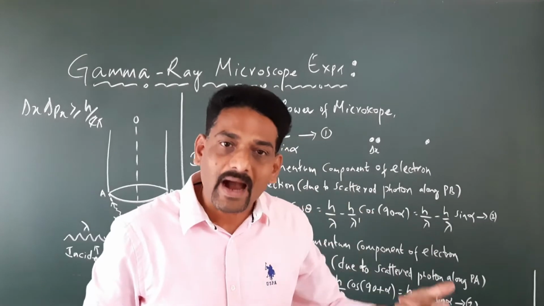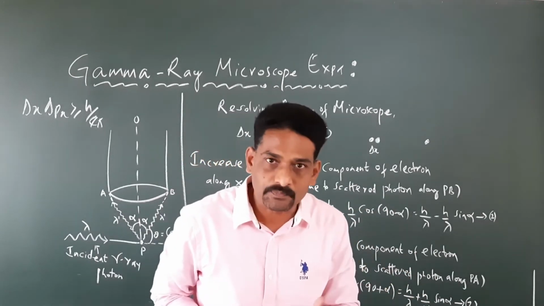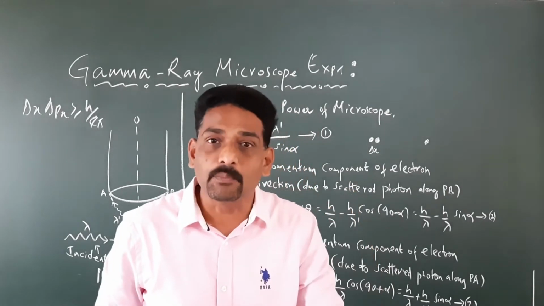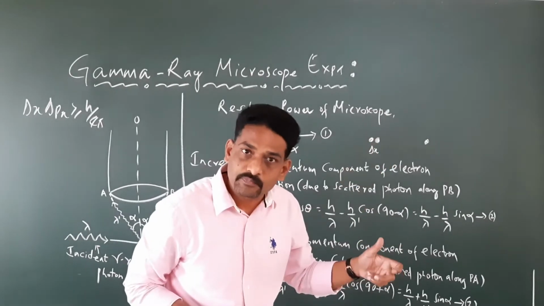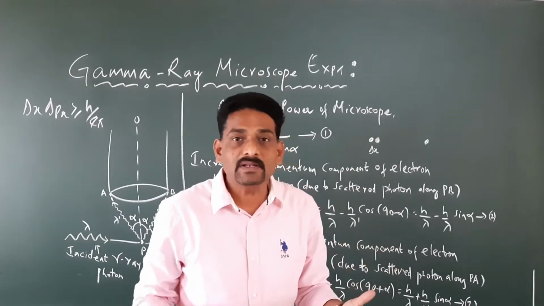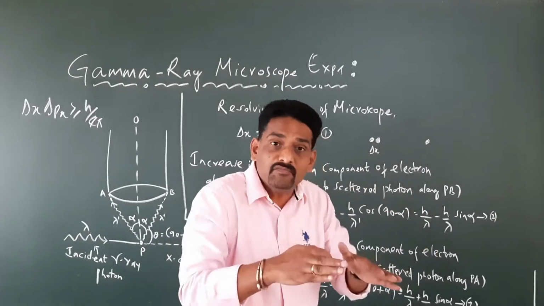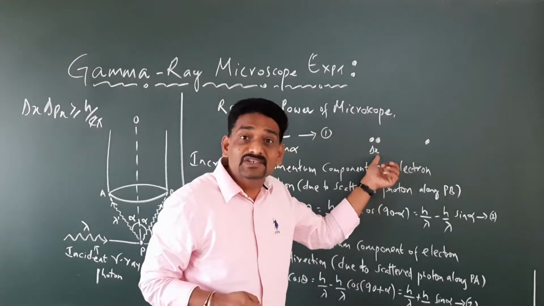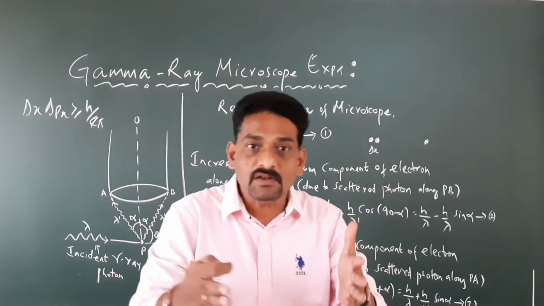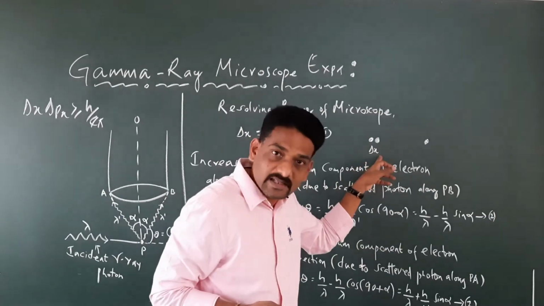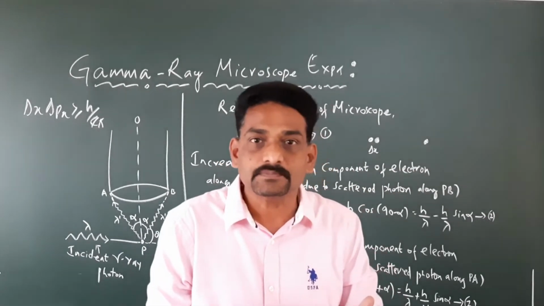But instead of my eye, if I use a highly sophisticated microscope and try to view these two objects through that microscope, what is going to happen? We are able to see these two objects as separate even for a distance lesser than this delta x. Means with the help of the compound microscope, we are able to see the two objects as separate even for a distance lesser than this delta x.